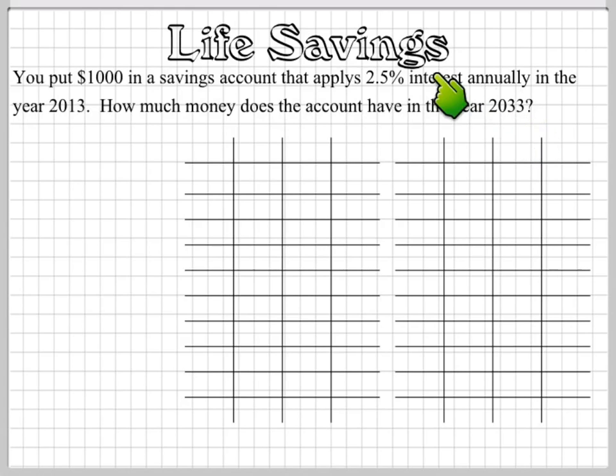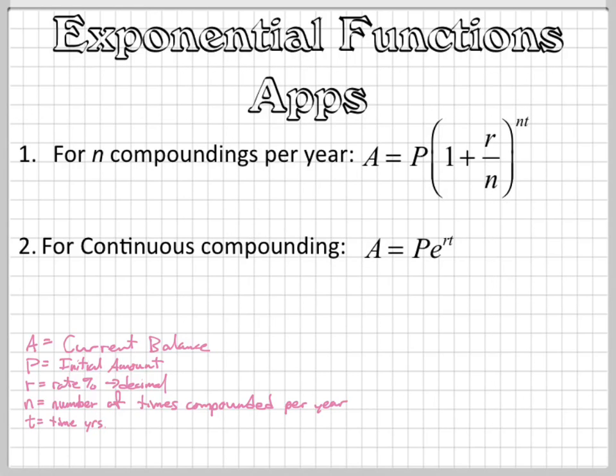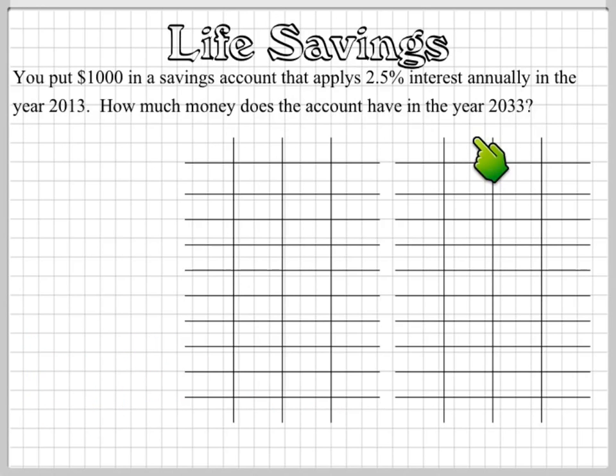Now this compounds annually. So which formula are you guys going to use? The first one or the second one? This one says the number of times it compounds. This is continuous compounding. We're going to use the first one. Now, how many times does this one compound? It says annually. So how many times every year is it going to compound? Once. It's going to compound once a year.